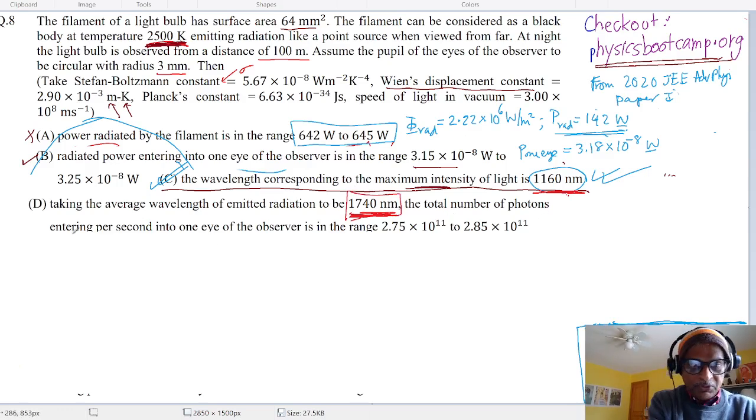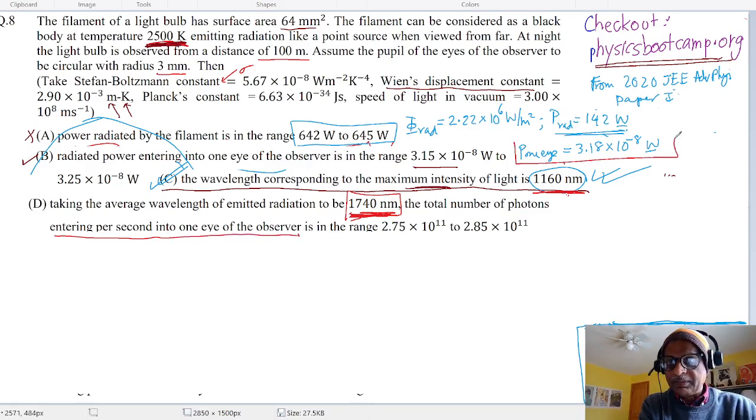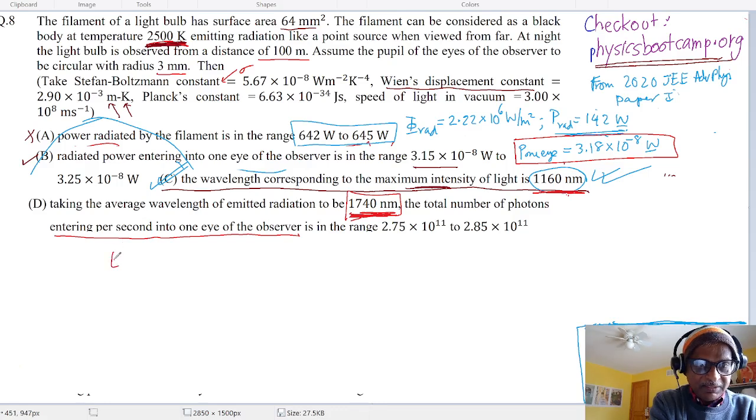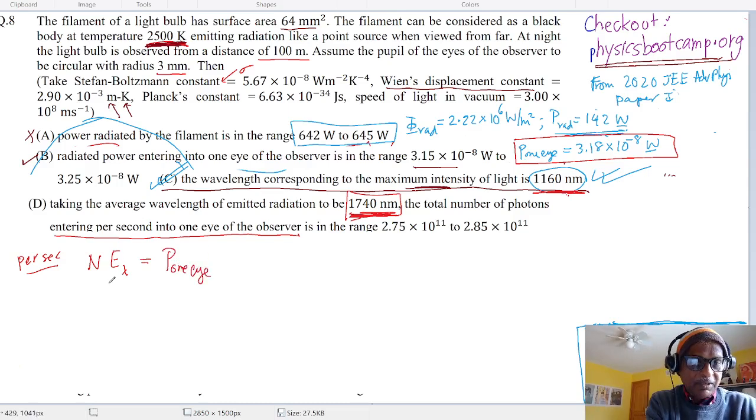The total number of photons entering the eye per second, n, times the energy E of one photon should be equal to the power P in one eye. That's what we have. So we're supposed to say whether n will come in this range.